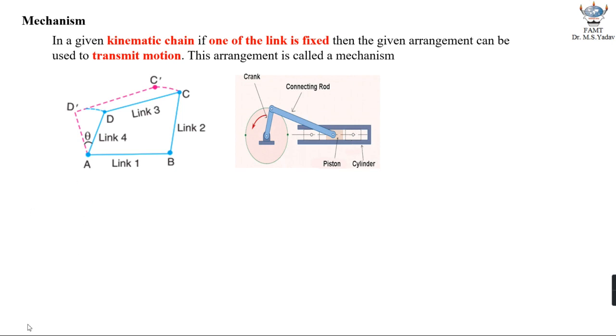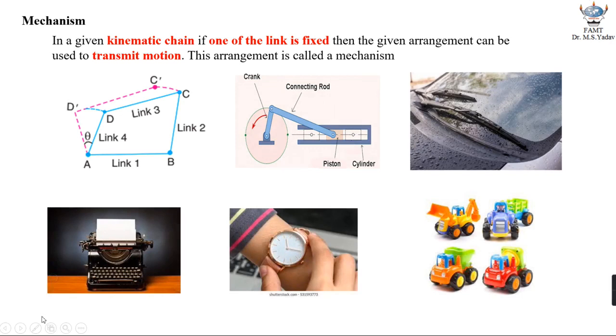In a given kinematic chain, if one of the links is fixed, then the arrangement can be used to transmit motion, and this arrangement is called a mechanism. Say for example, I have considered a 4-bar chain. So this is link number 1, this is link number 2, this is link number 3, and AD is link number 4.